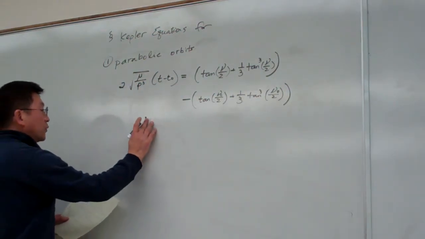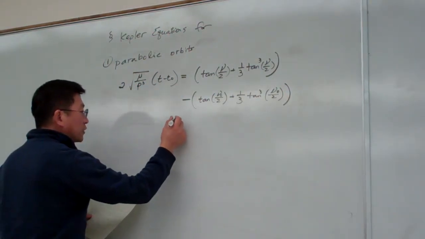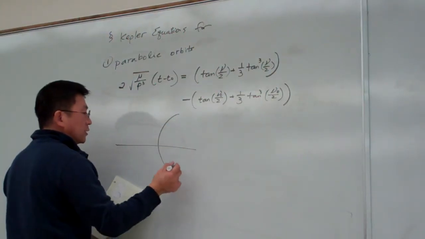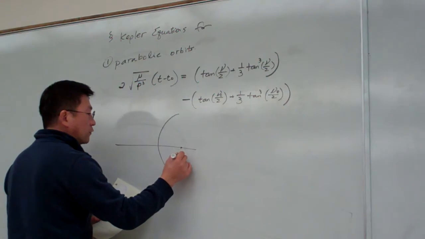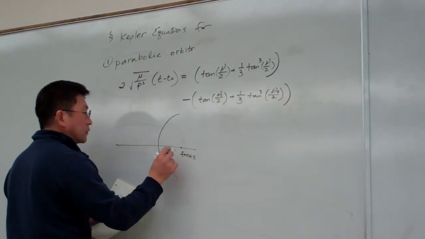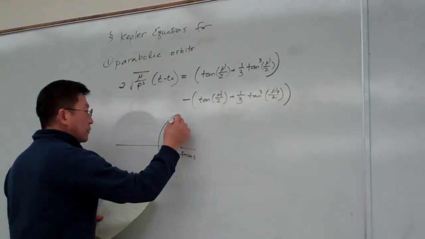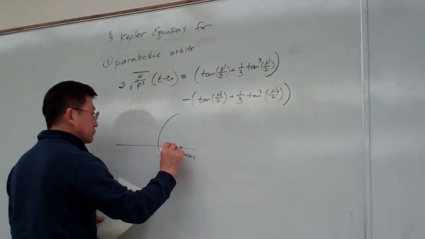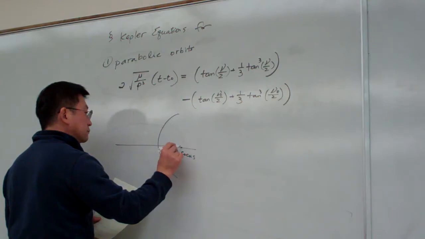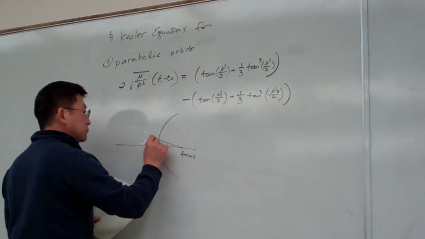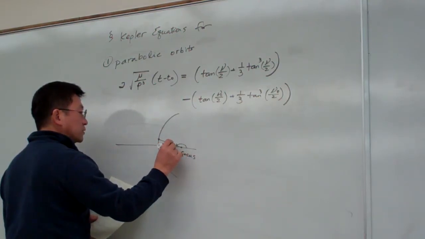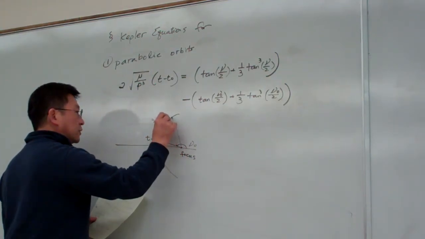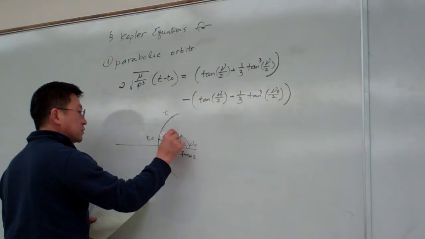So basically this one is saying if we have a parabolic orbit, and say this is our focus, so corresponding this is nu 0, and this is t0, and to here this is t, and this is nu.